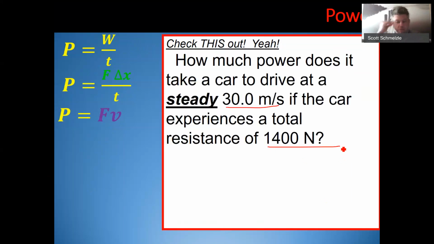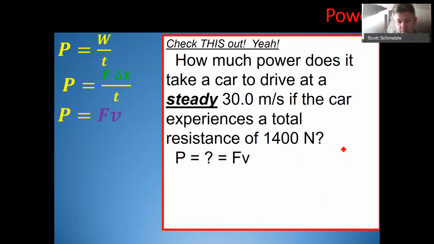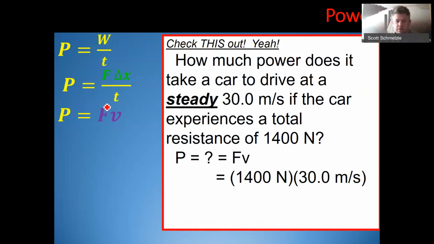So with that in mind, what we're able to see now is that we have a velocity and we have a force. Because we have a velocity, that velocity is going to go right into the back part here. Force is going to go right into the front part there, right?